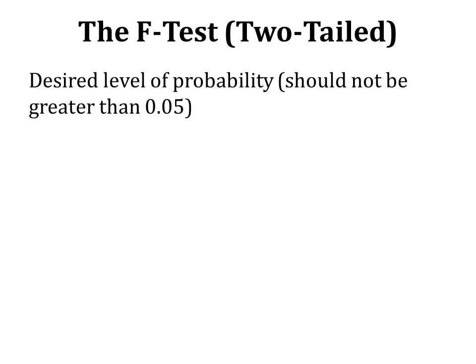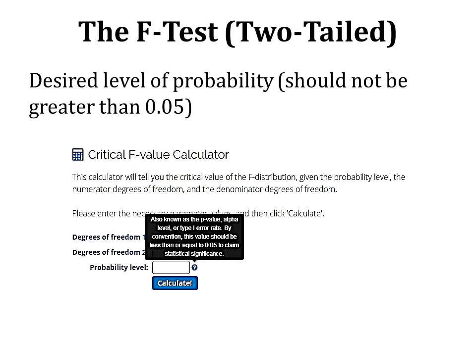Now we are going to put the desired level of probability, and it should not be greater than 0.05. So in box number 3 we are going to put in our desired level of probability, and because we are applying this F test only to check whether the variances of the two populations that we are studying are similar or not, we are just going to take the basic critical probability level, which is 0.05.